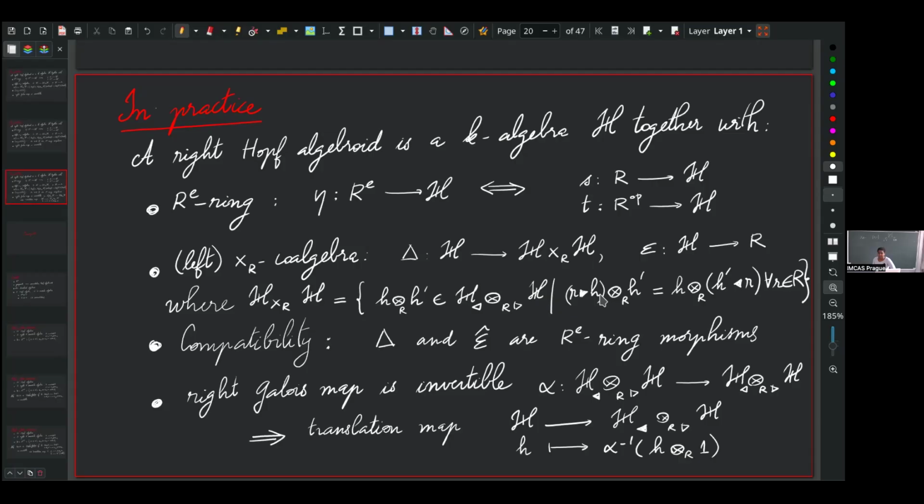I remember I saw some presentation of this Takeuchi tensor product where they were using some target and source maps that in some way were like a right coaction and left coaction, and you want these to coincide. So I guess you can.